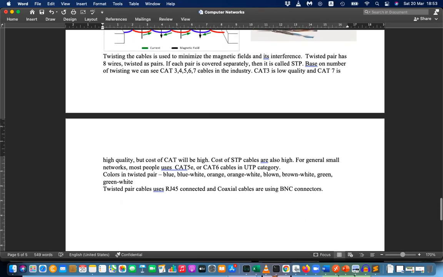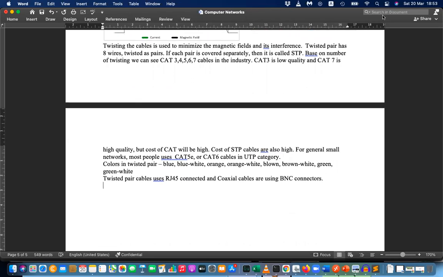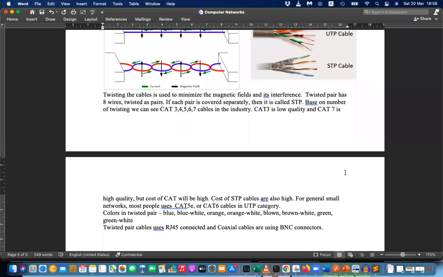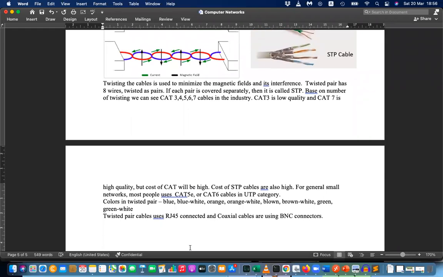That is a very important point. Please write down all these things. I'll show you what these connectors are. Okay, then the next thing. I think you should know these RJ45 and coaxial cables, the BNC connectors and RJ45 connectors.